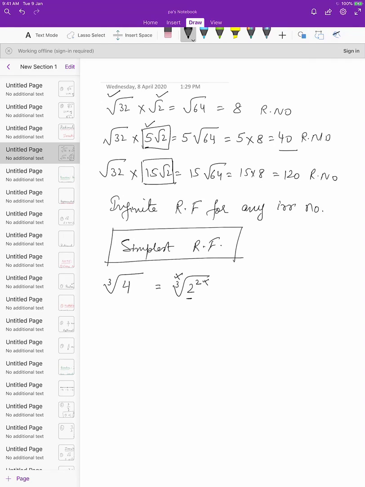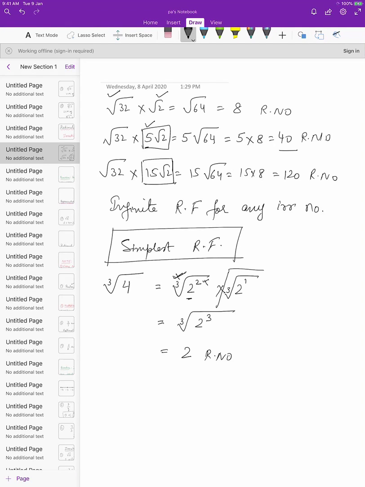So tell me, if this order is 3 and here the power is 2, how many more 2's do I want here? I want one more 2 to be multiplied, but under the same radical sign as 3. Then only I will be able to multiply these two numbers. So it will be cube root of 2 square into 2 to the power 1, which will make it 2 cube, and hence the answer is 2, which is a rational number.